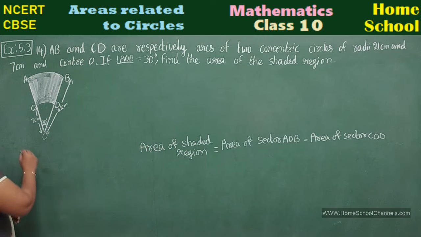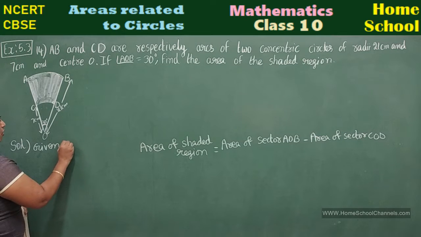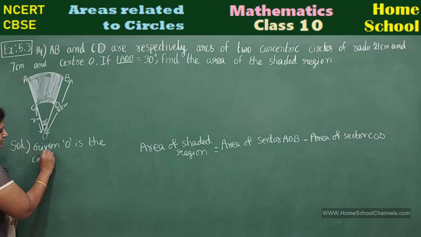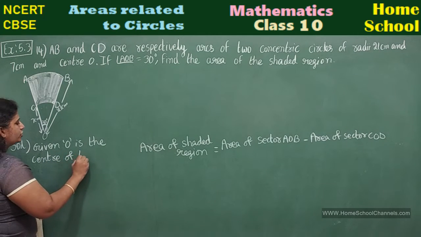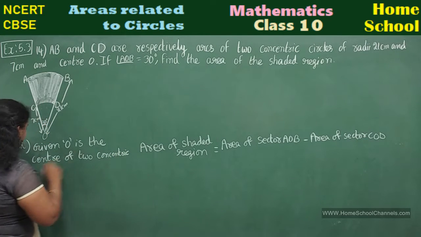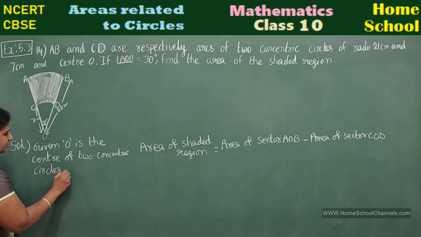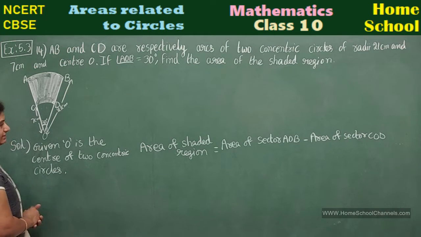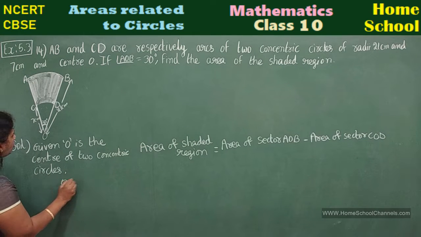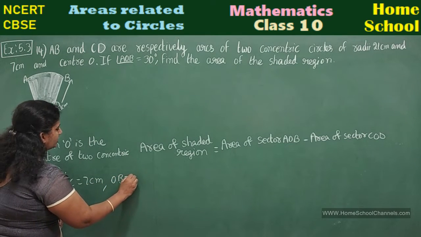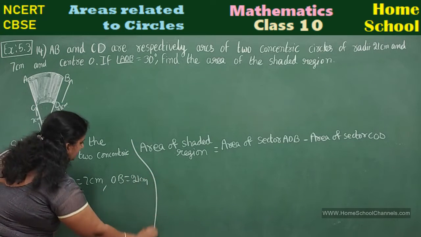Okay, now given: O is the center of two concentric circles, and these are the two arcs. AB and CD are the arcs of the two concentric circles. Given OC is equal to 7 centimeters and OB is equal to 21 centimeters.